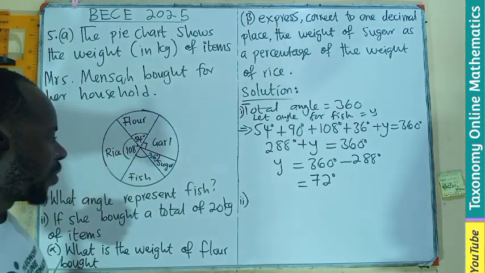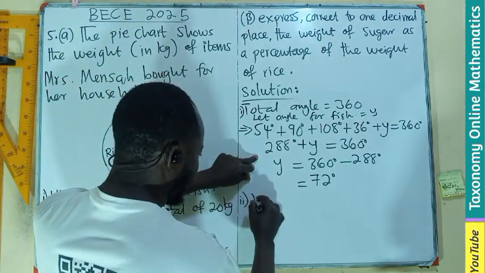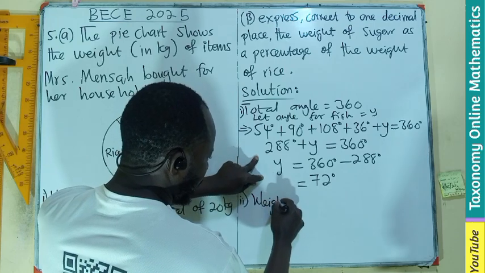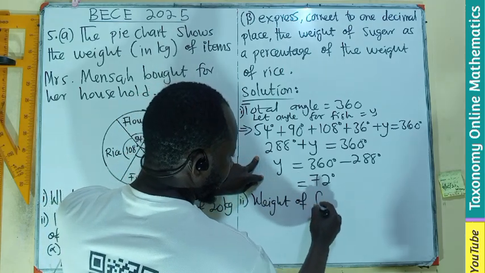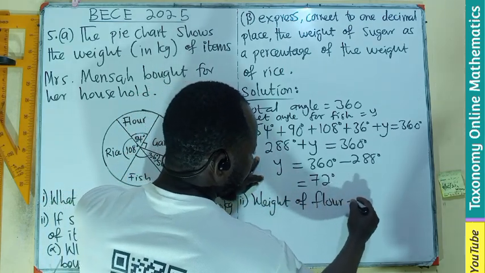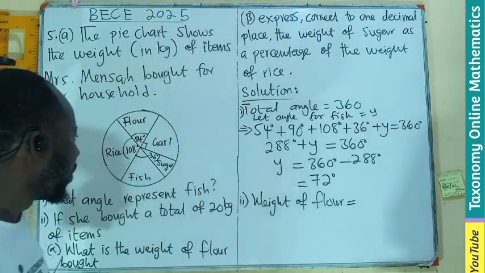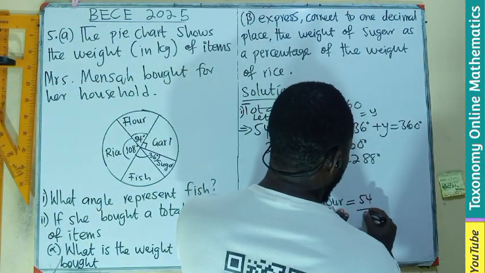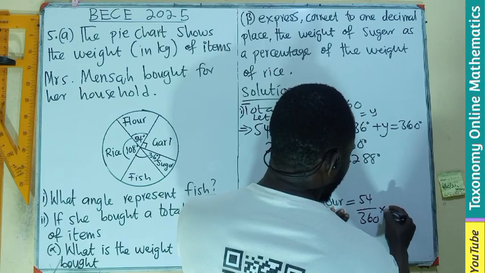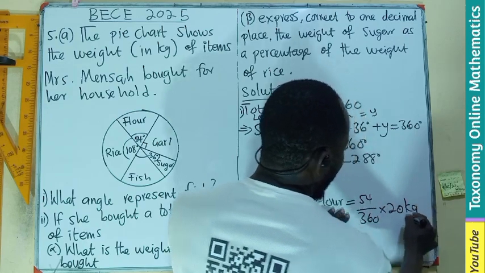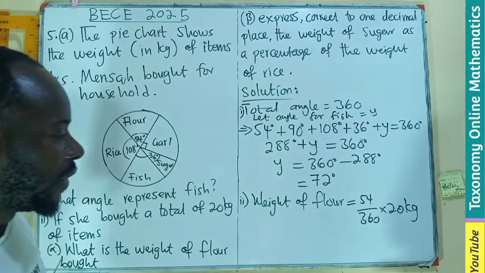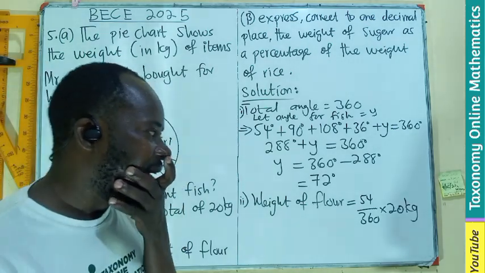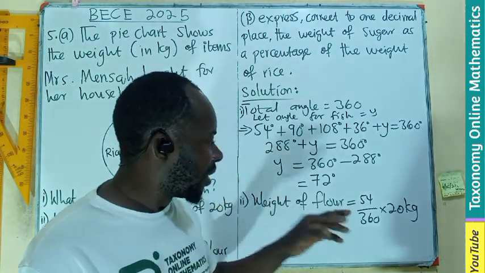So the weight of flour is going to be 54 out of the total angle of 360 times the kg value, that's 20.